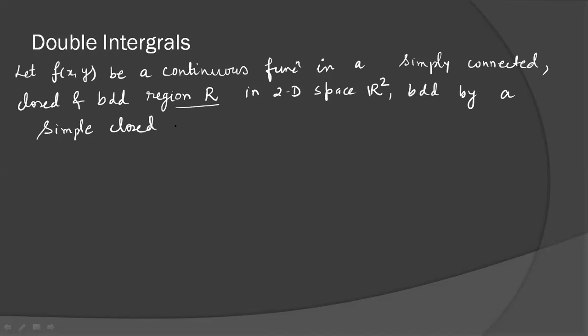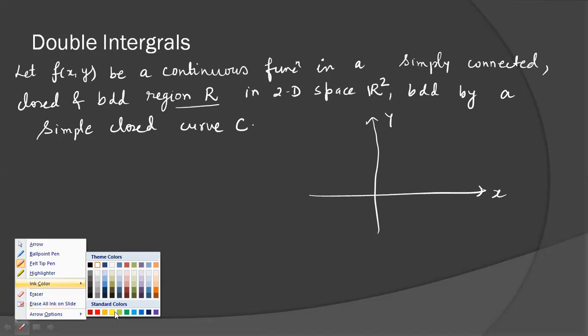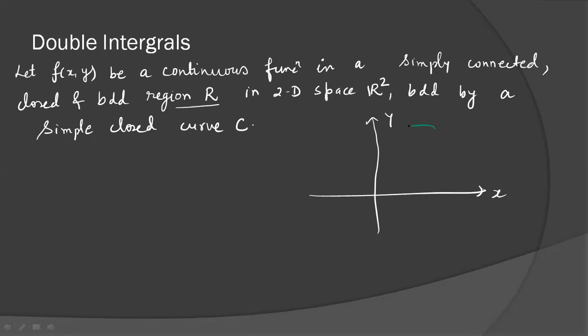It means if we take a 2D system, the xy plane, and if we take a bounded region in this domain, suppose this is our closed curve C. What is a closed curve? I will tell you in the complex analysis module. Closed means initial and final points are meeting.